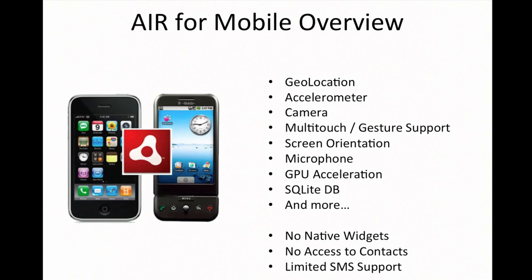Every UI component you have to build. There are some component libraries out there, but you do not have direct access into the phone's native UI. So if your application needs to look very native, Air for Mobile is probably not the right choice. You probably want to look at native development, or possibly something like Titanium Appcelerator, which does expose the native controls.